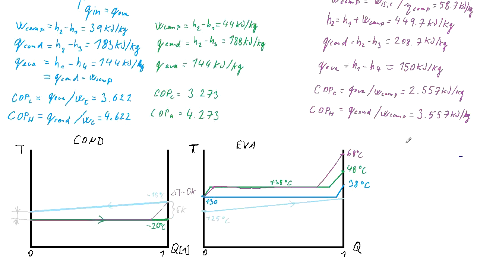And now let's have a look how much of the working fluid we will actually need. Because in our original problem we had the heat input into the evaporator. Let's calculate it with this purple cycle. So anyway, the heat input, or the evaporator heat, like this, was 1 kilowatt.